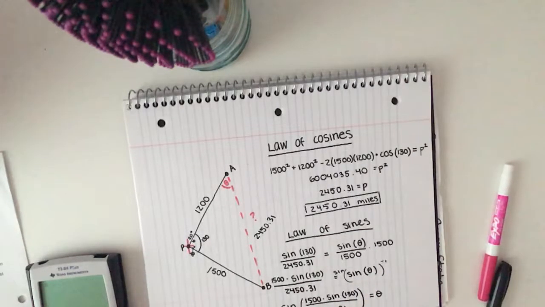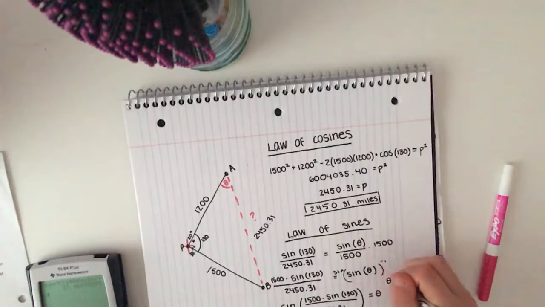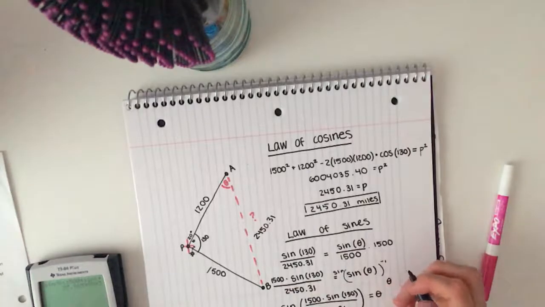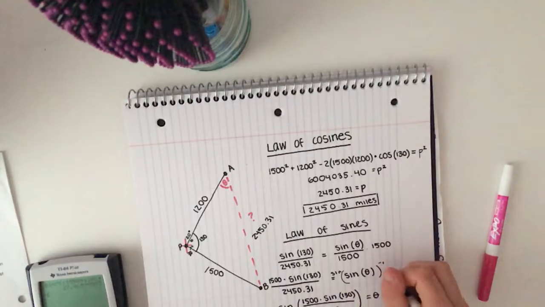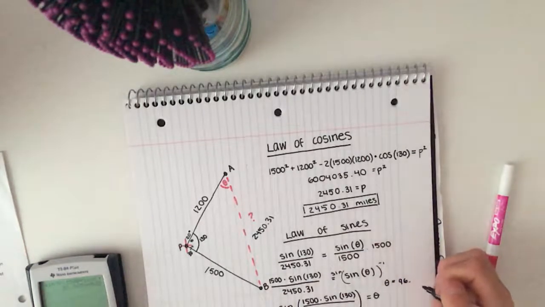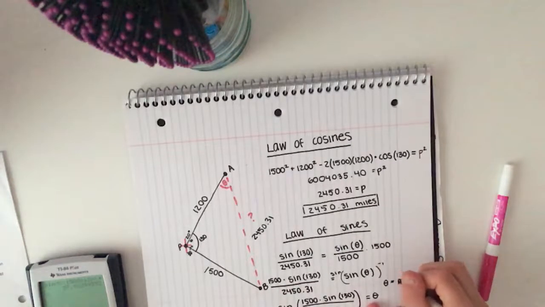So now we plug it into our calculator. And you get that theta is equal to 96 point, oh wait, sorry, not 96.